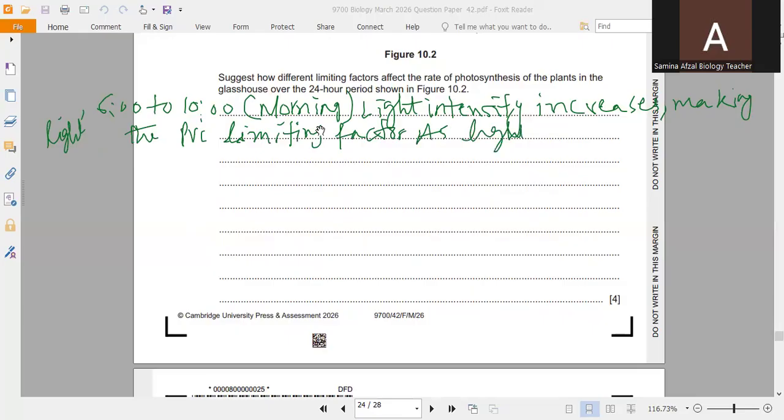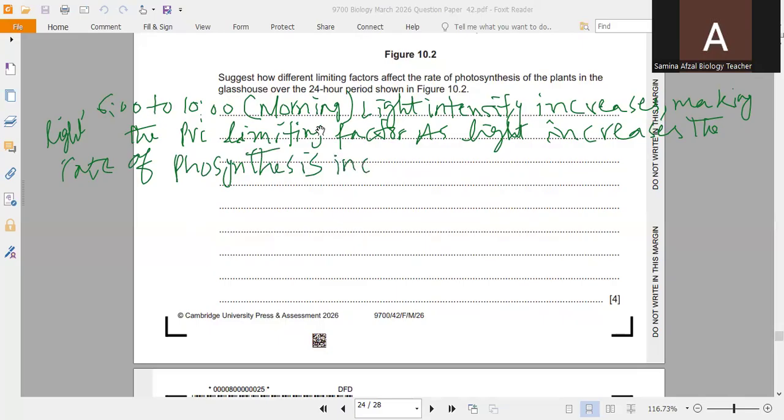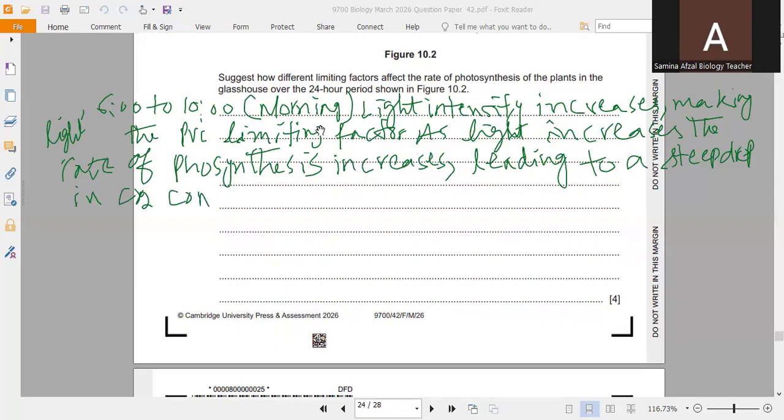As light increases, the rate of photosynthesis increases, leading to a steep drop in carbon dioxide concentration inside the glasshouse as carbon dioxide is consumed.